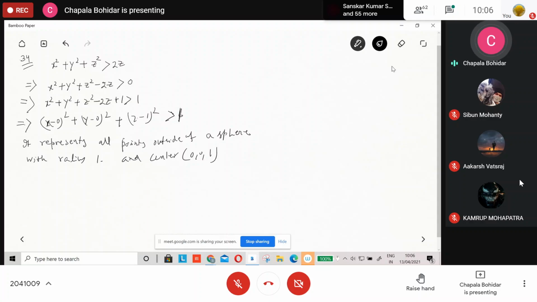Or you can say it is a sphere having the radius greater than 1. It is an equation of the sphere having the radius greater than 1. You can write down in that way.